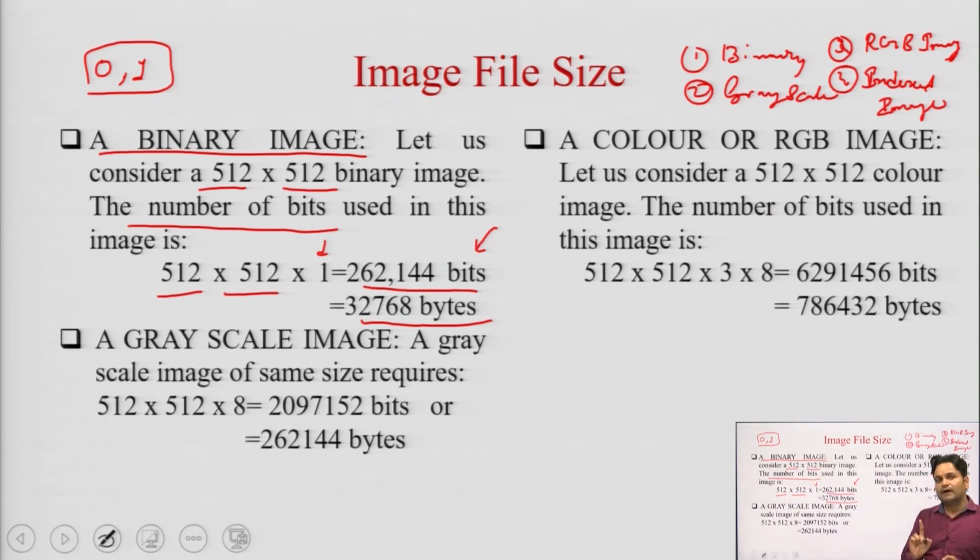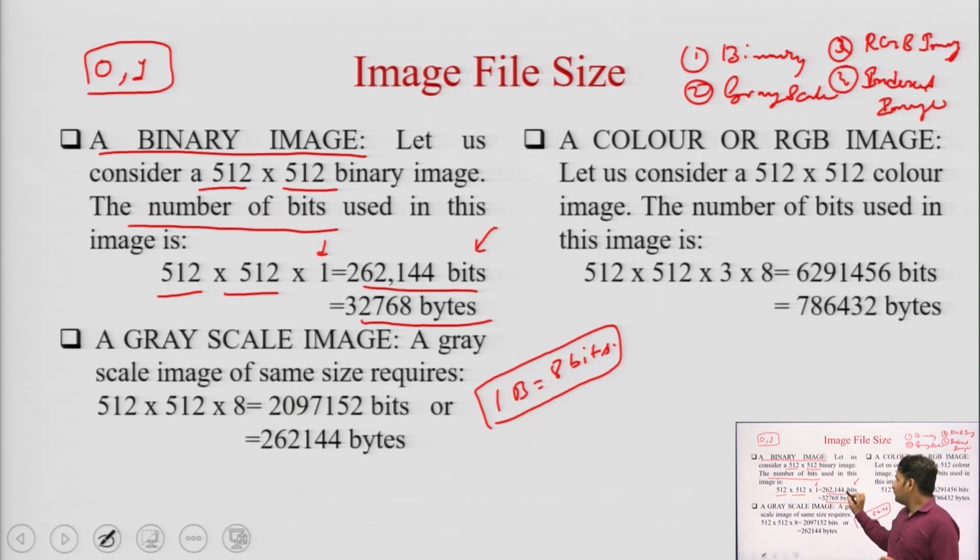And 1 byte is 8 bits. 8 bits comprise 1 byte. So, if you divide it by 8, then it will generate 32768.